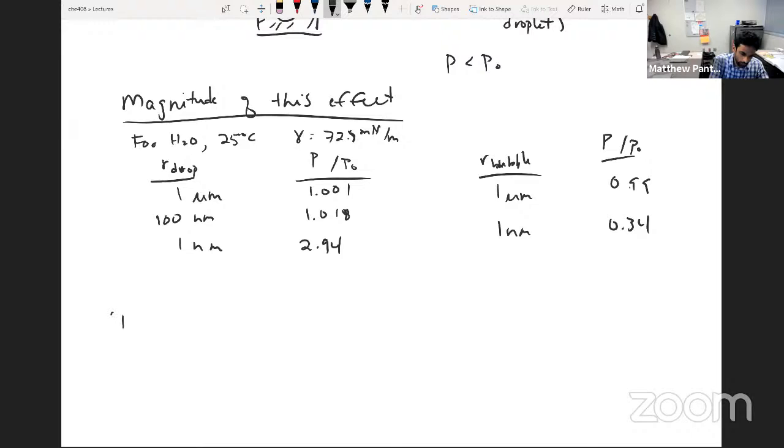So first off, small droplets are not kinetically stable, or less kinetically stable, let's say.